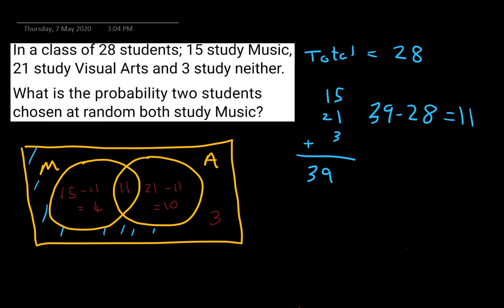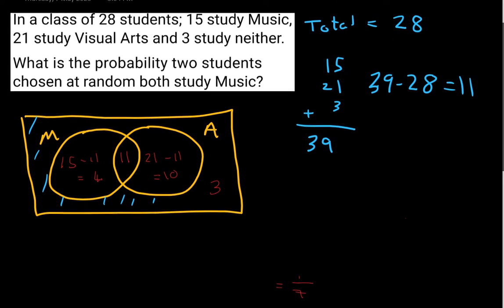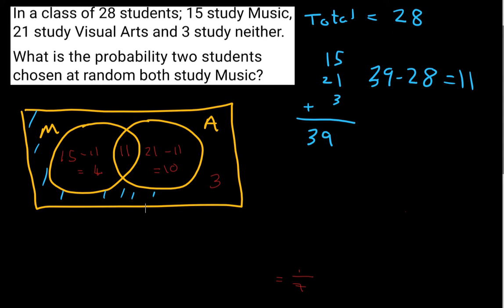Now, these are going to be successive events which are independent of each other. So we multiply. So the probability of music, let's rub these out so it doesn't confuse us.